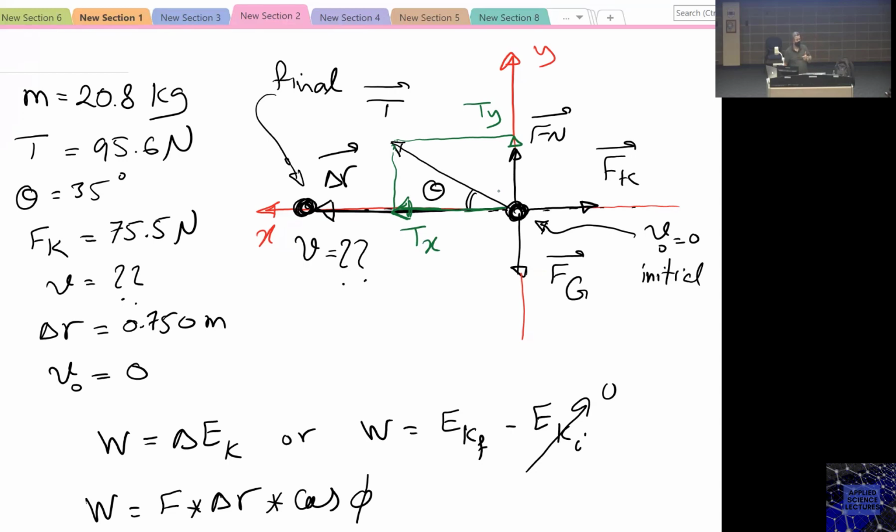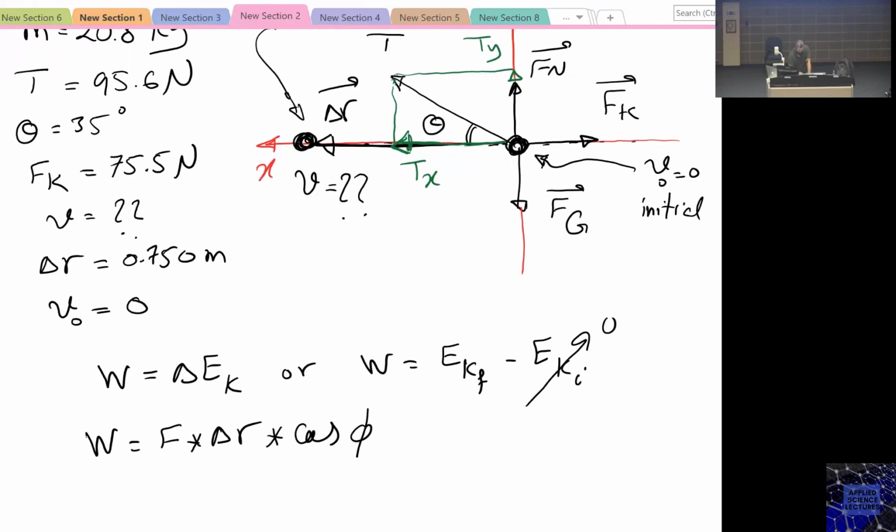And the motion is happening in the direction of the tension force, which means that the net force along the X component is indeed, do you know, F net along the X is what? Tx minus Fk. This is the force that's causing the acceleration.